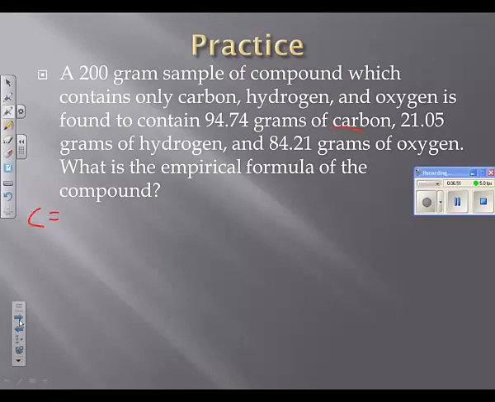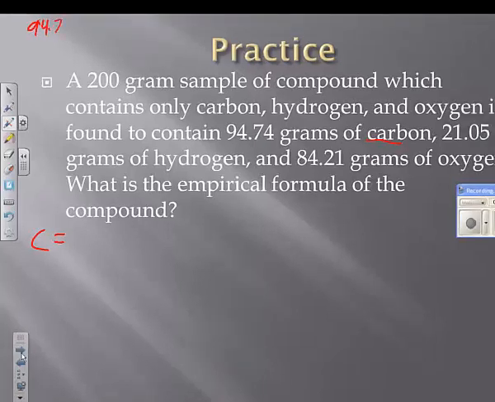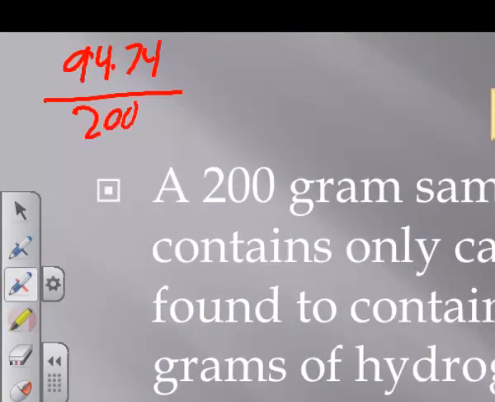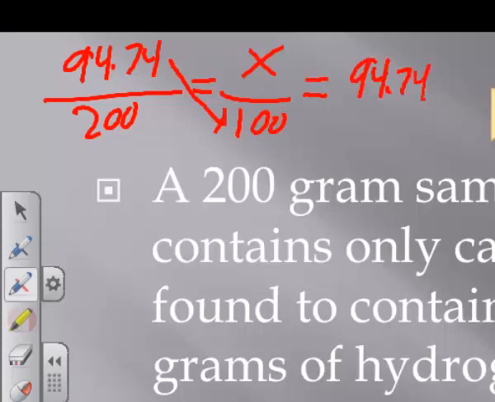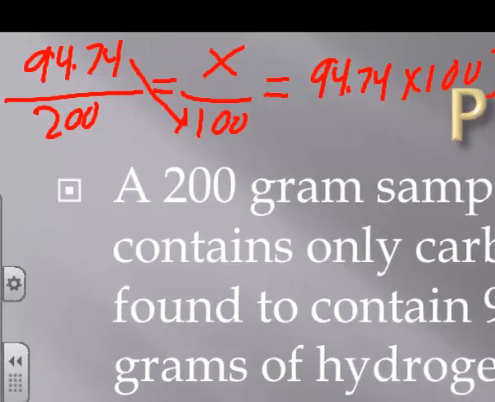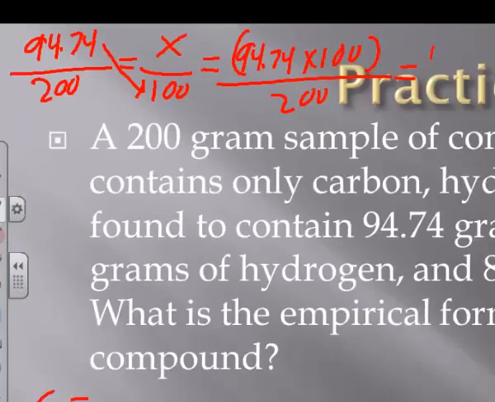Carbon has 94.74 grams out of a 200-gram sample. We need to find out what percentage that is over 100. So you cross multiply and divide. It's going to be 94.74 times 100 divided by 200. That's your cross multiply and divide, and that gives you 47.37%.